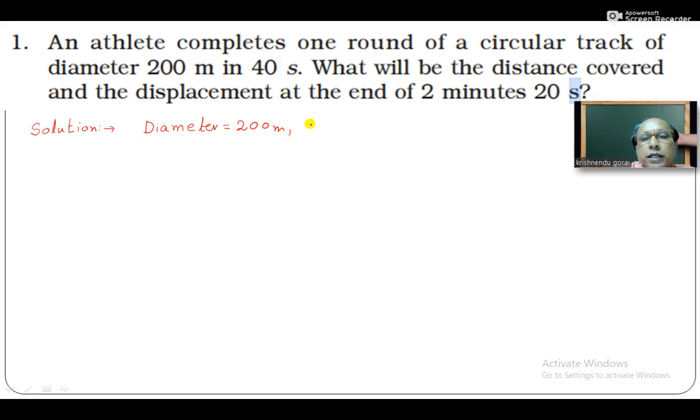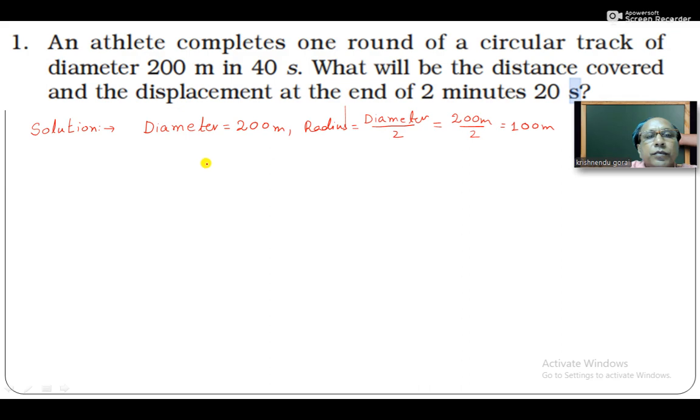We know that radius is equal to diameter by 2. What is the diameter? Diameter is 200 meter by 2, therefore, the radius is equal to 100 meter, right. We got the radius here.